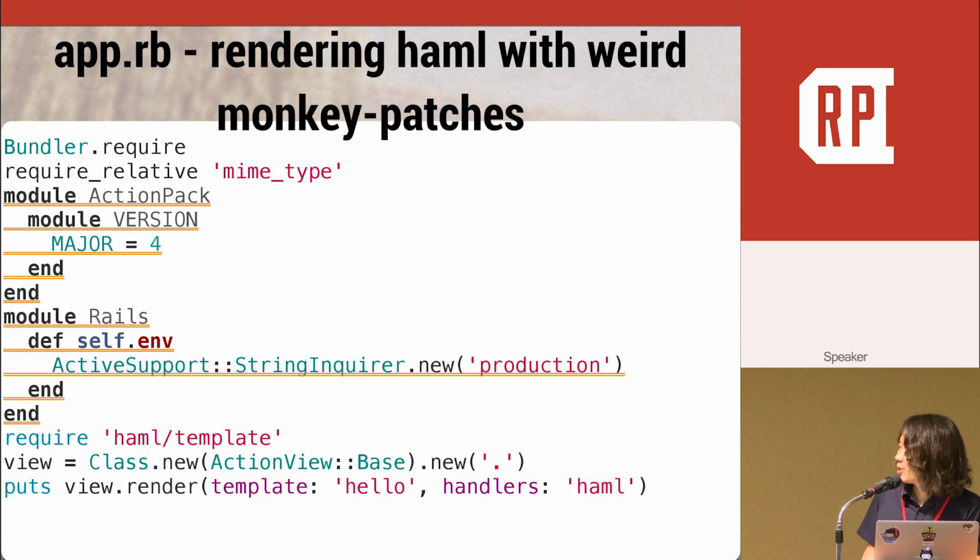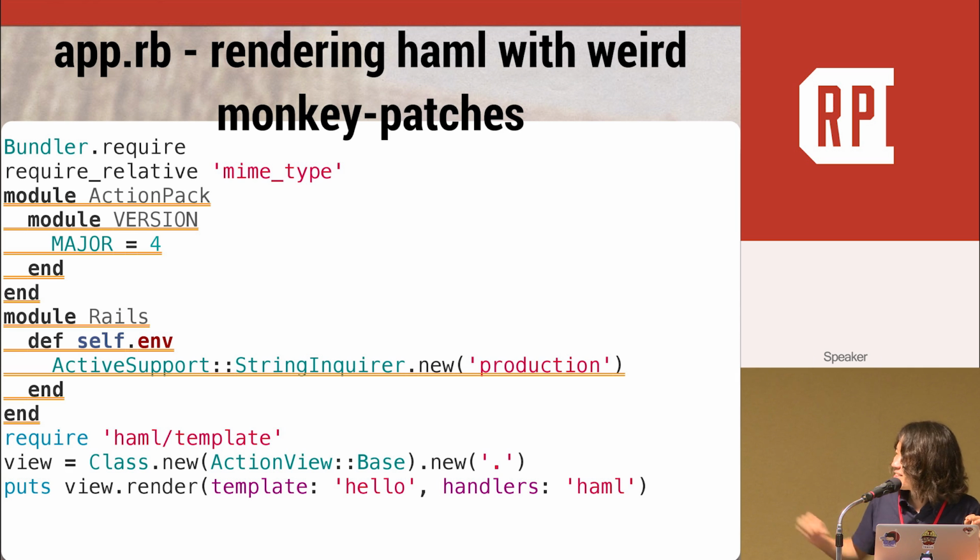I needed some weird monkey patch because Haml depends on action pack and Rails only for these methods. So I needed to define the action pack version method and Rails production.